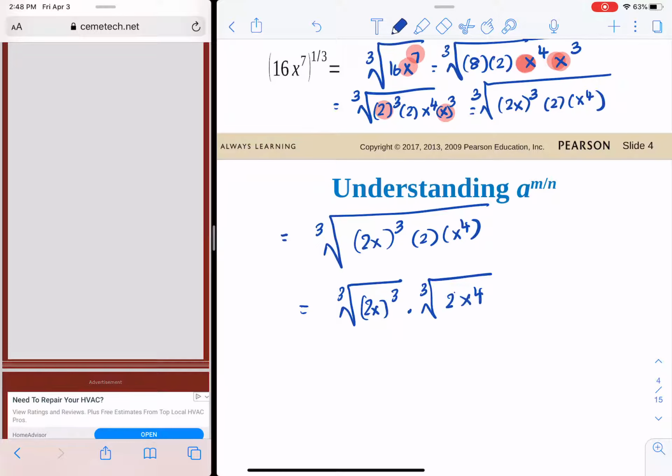There is nothing we could do about the second term because we cannot write 2 as a power of 3 in terms of an integer, but x raised to 4 can be written in terms of a power of 3. So how would we go about doing this?